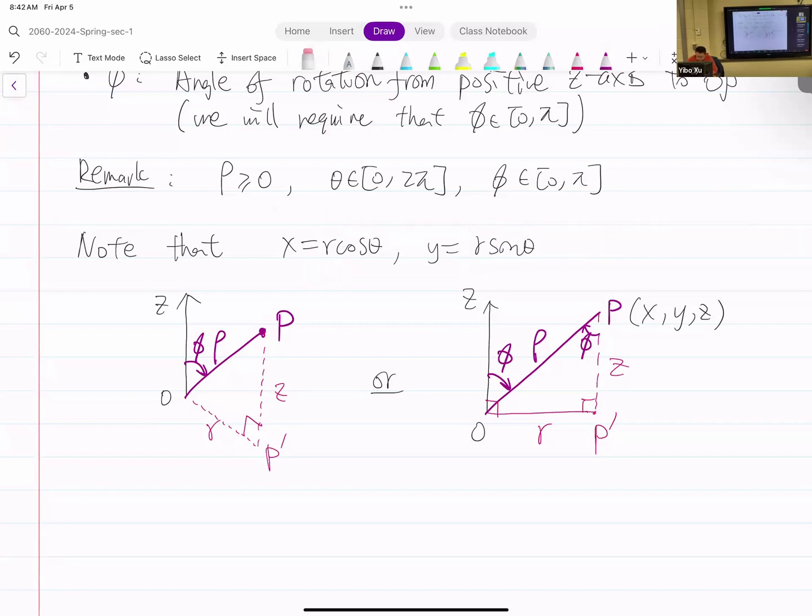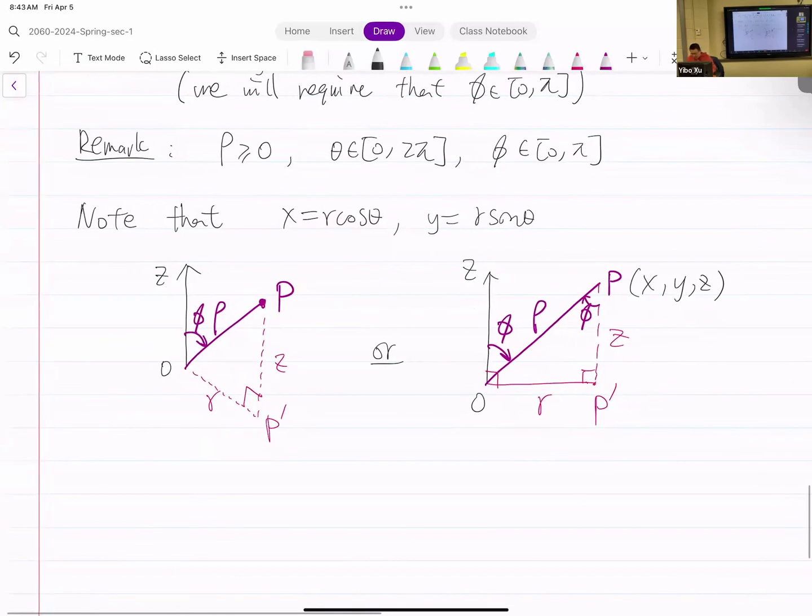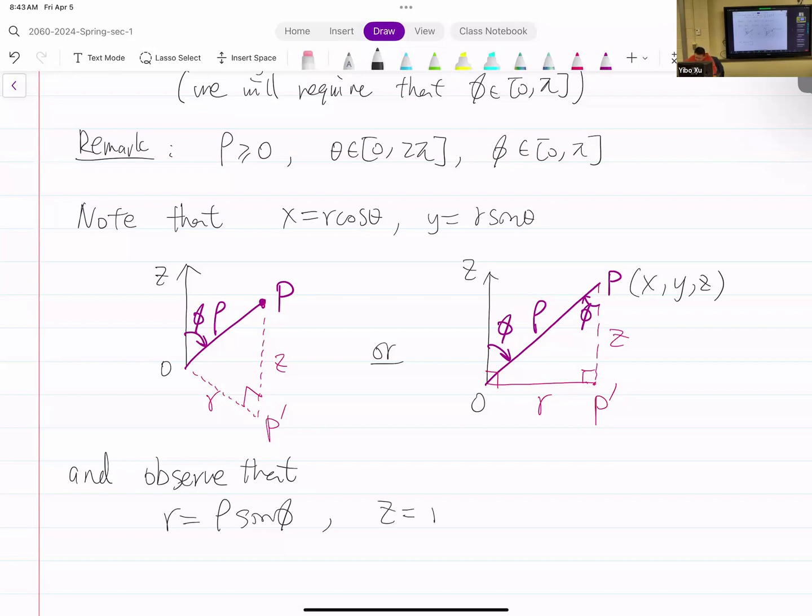So r is rho times sine of phi. And at the same time, we realize that z is rho cosine phi, right? So z is the adjacent edge, r is the opposite edge, rho is the hypotenuse.